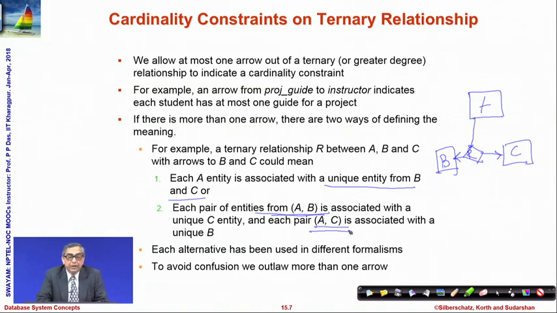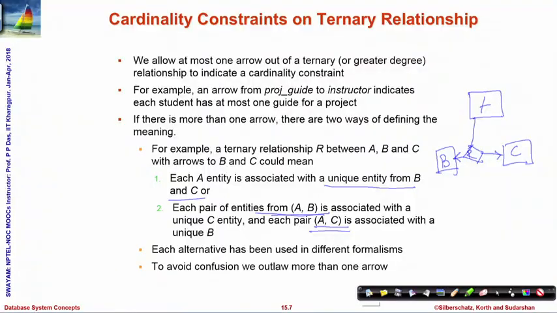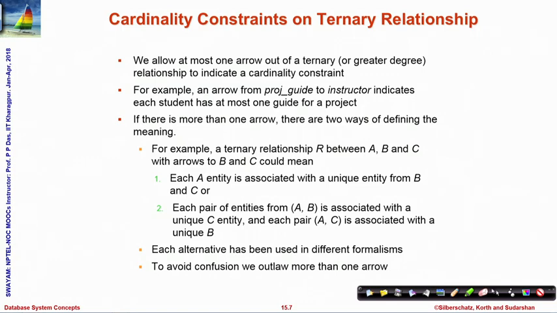So, there is a multiplicity of interpretation if we allow more than one arrow in a ternary or higher degree relationship. So, for simplicity in this course, and this is what is often followed in practice, only one arrow will be allowed in a ternary or higher order relationship.